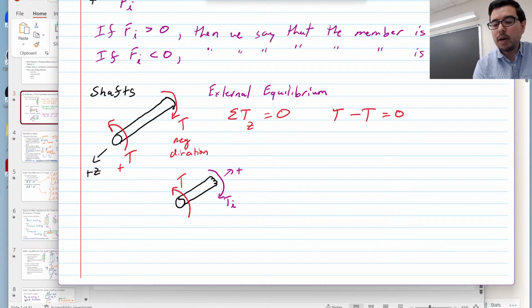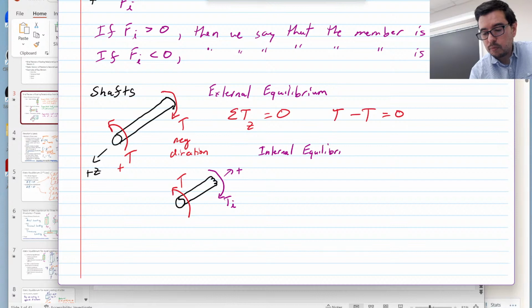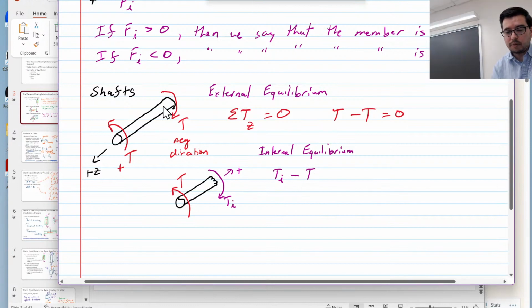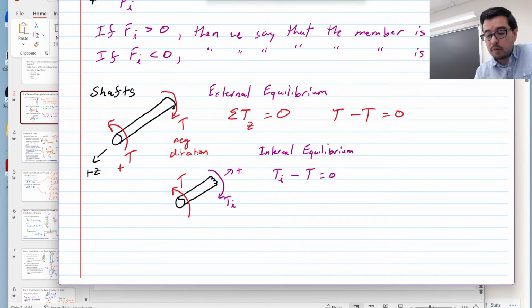So when I do my internal equilibrium, then I have a positive Ti. But now the T that I had originally, that I was calling positive over here, that's in the negative direction with the reference frame that we've selected, and that's going to be equal to 0.